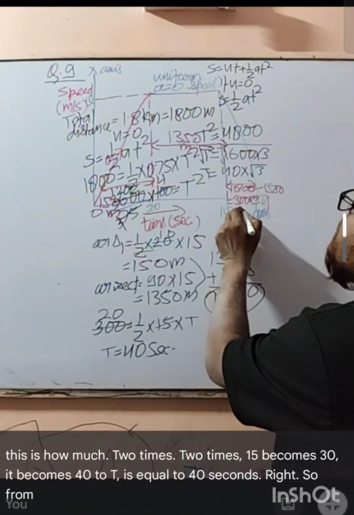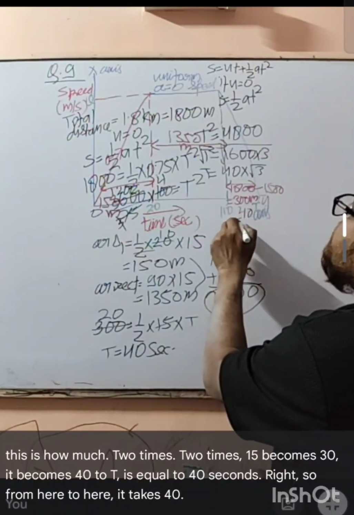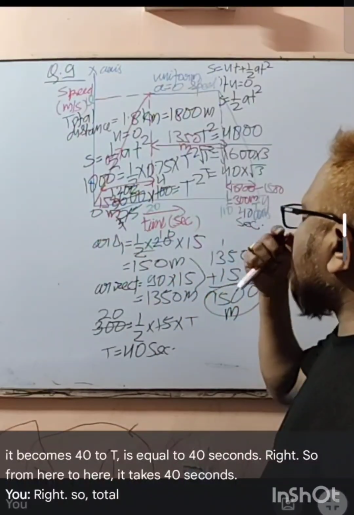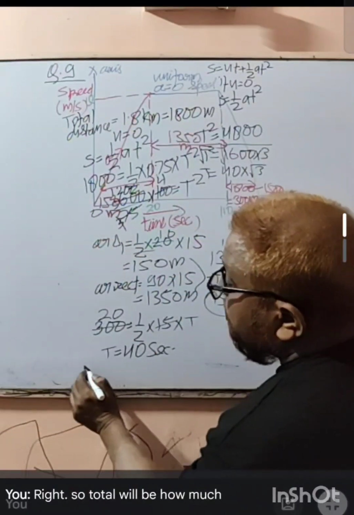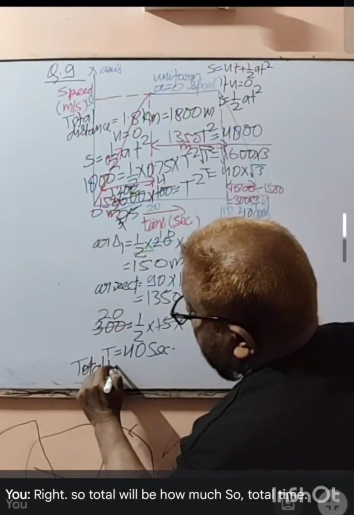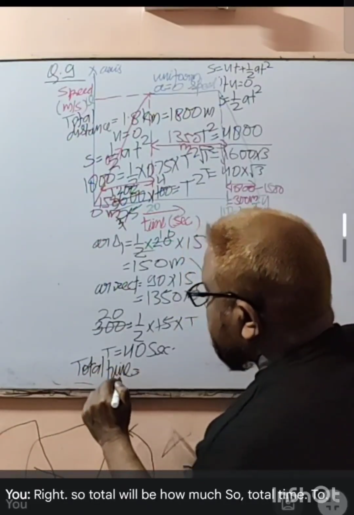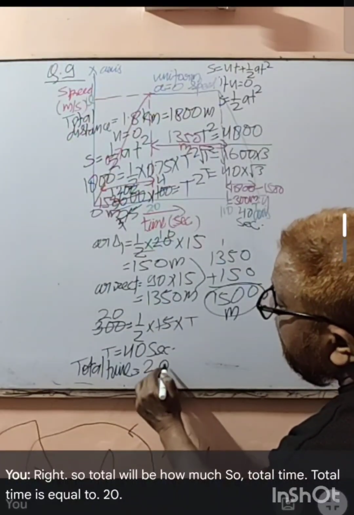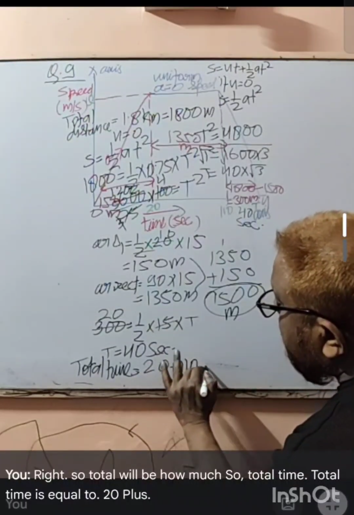So from here to here it takes 40 seconds, right? So total time is equal to 20 plus 110.